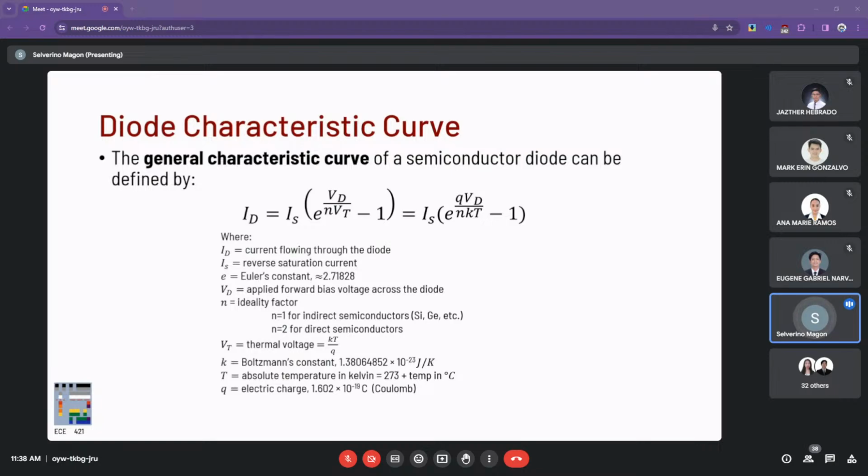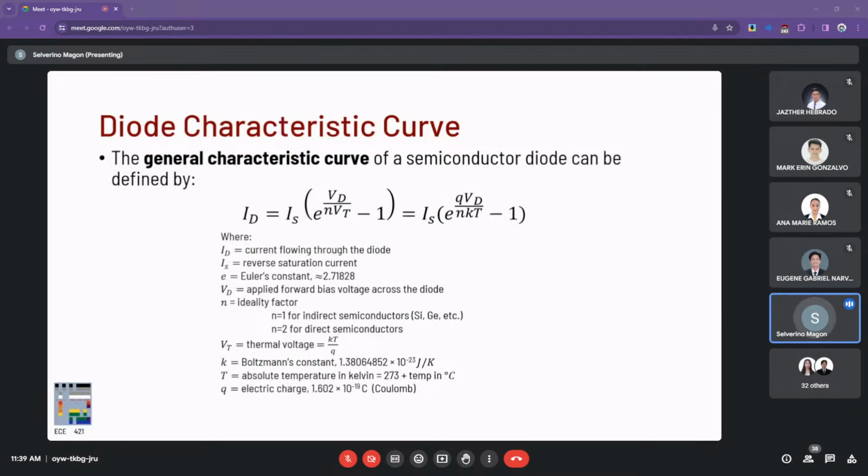The current flowing through the diode is related to the reverse saturation current. We have to remember, in this case, Euler's constant and the ideality factor, whether we're using silicon, germanium, or other compound semiconductors.